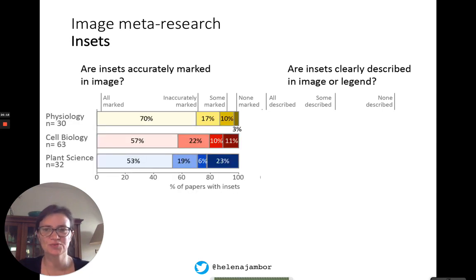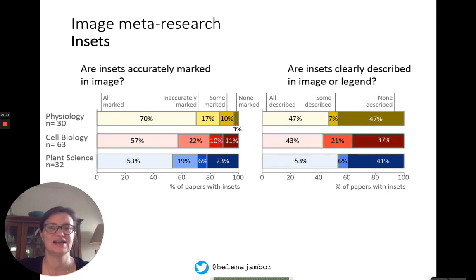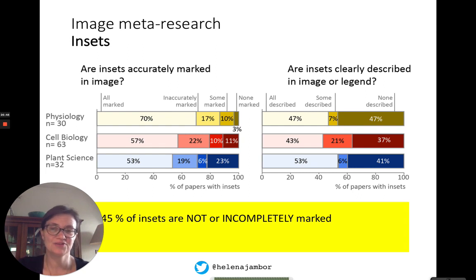But what we observed was that a substantial number of the insets shown in images are partially or inaccurately marked, meaning it is unclear where the inset actually comes from. And they're also not sufficiently explained in the legend. So 30 to 45% of the insets are not or only incompletely marked in the original image, and only 50% are explained somewhere in the legend.